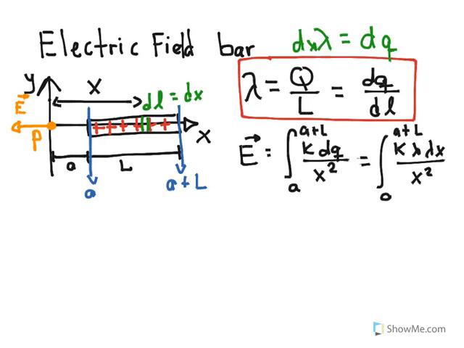Now k is a constant, it can go out from the integral, and if lambda is a constant, it can go out from the integral as well.